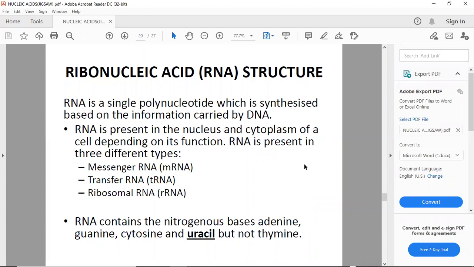So from what we've looked at so far, we know that RNA will contain nitrogenous bases of adenine, guanine, cytosine, and uracil in place of thymine. Therefore, for example, if you are measuring the synthesis of DNA, what you're going to use is a radioactive thymine or thymidine.